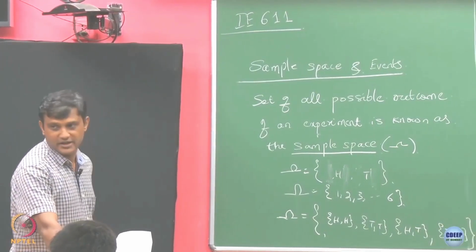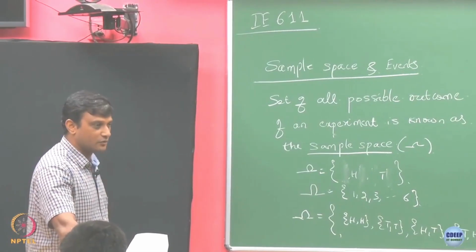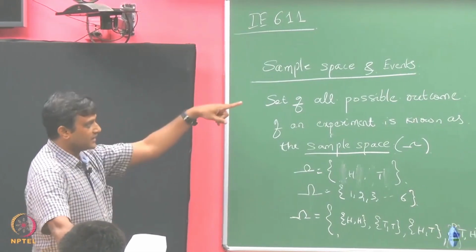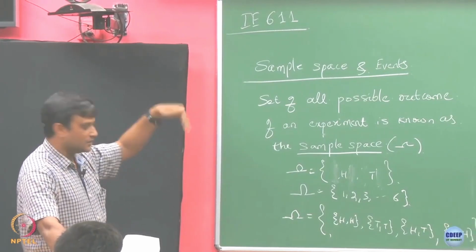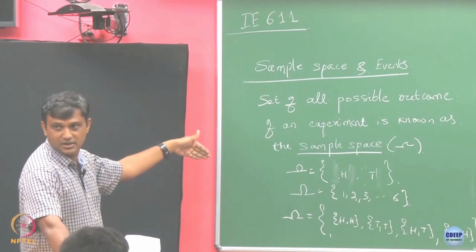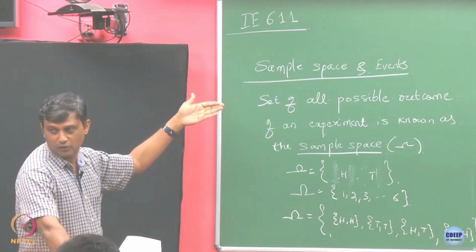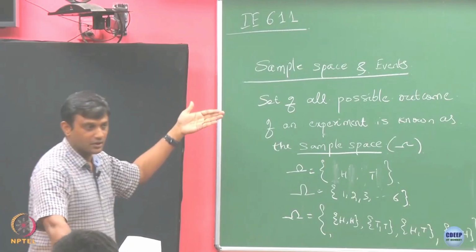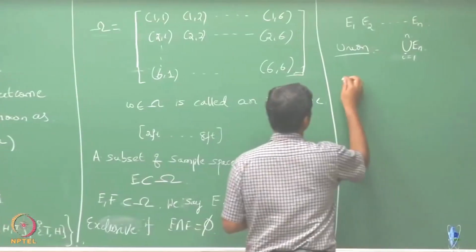That's right, you don't care about the second. The second can be either head or tail, but you want the first outcome to be head. So E1, E2 could be some events in your space, but you can combine them to derive more events.